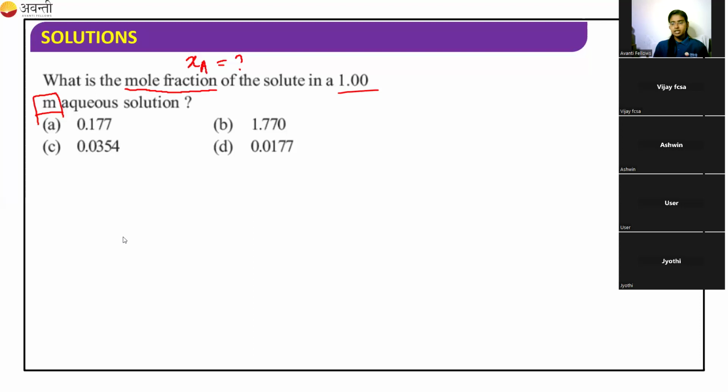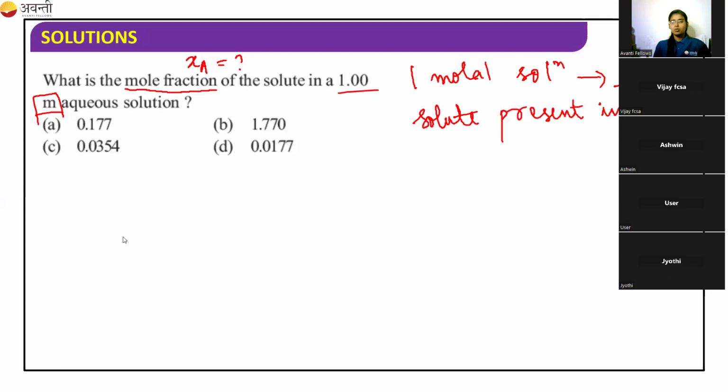So a 1 molar solution means 1 mole of the solute is present in 1 kilogram of the solvent. 1 kg is nothing but 1000 gram. Because the formula for molality is the number of moles divided by the mass of solvent in kilogram.